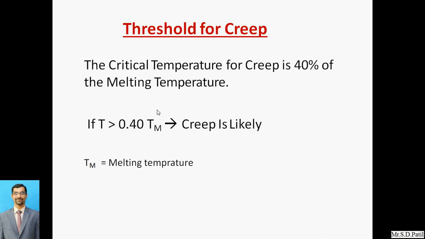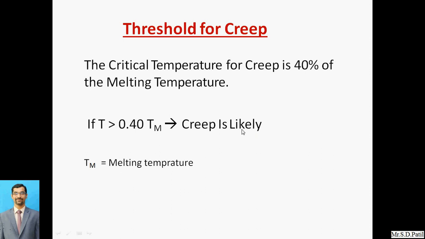If the temperature goes above 40% of the melting temperature, here 0.4 into 1000, that is 400, so if the temperature goes above 400 degrees Celsius, creep is likely to form.